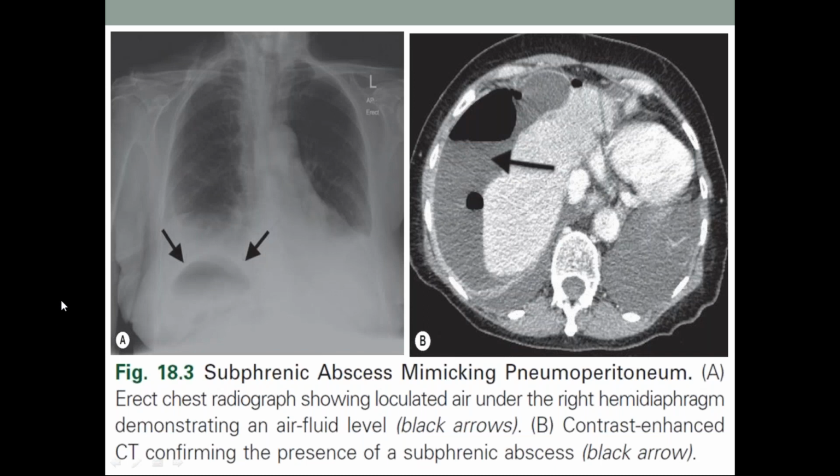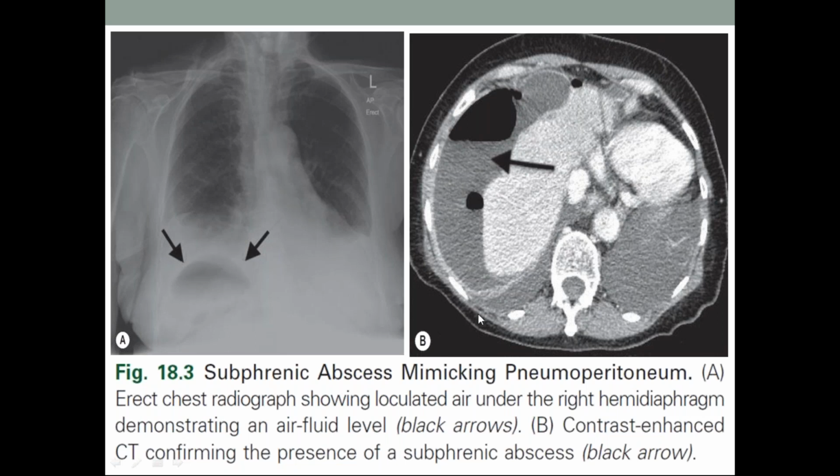And in subphrenic abscess, this is the radiograph, and this is the CT axial sections. In the radiograph, you will see here below the right hemidiaphragm we are getting air fluid levels. It mimics a pneumoperitoneum. But it is loculated air under the right hemidiaphragm.